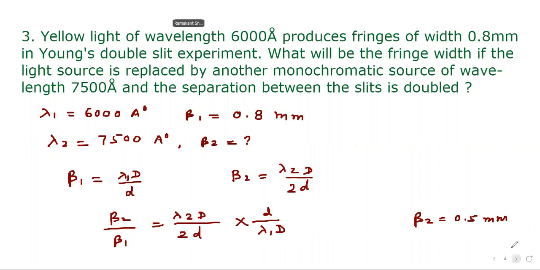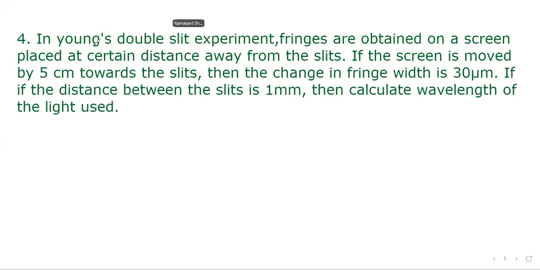Now let's go to the next question. Question number 3. In Young's double slit experiment, fringes are obtained on a screen placed at a certain distance away from the slits. Here the separation means this distance, suppose d. If the screen is moved by 5 cm towards the slits, the situation is changed.